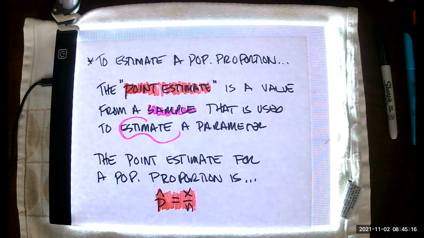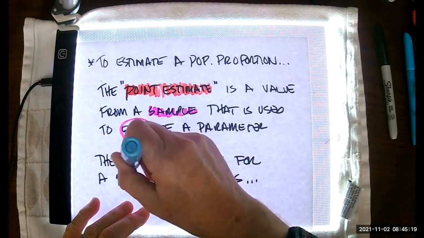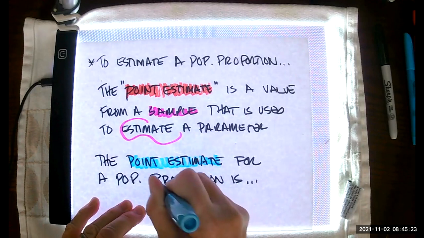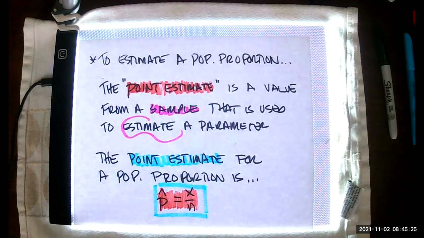We have a point estimate for a population proportion. That point estimate comes to us from our sample, and it is the p hat. That's that x over n. That is our point estimate, and it forms the basis of our educated guess.